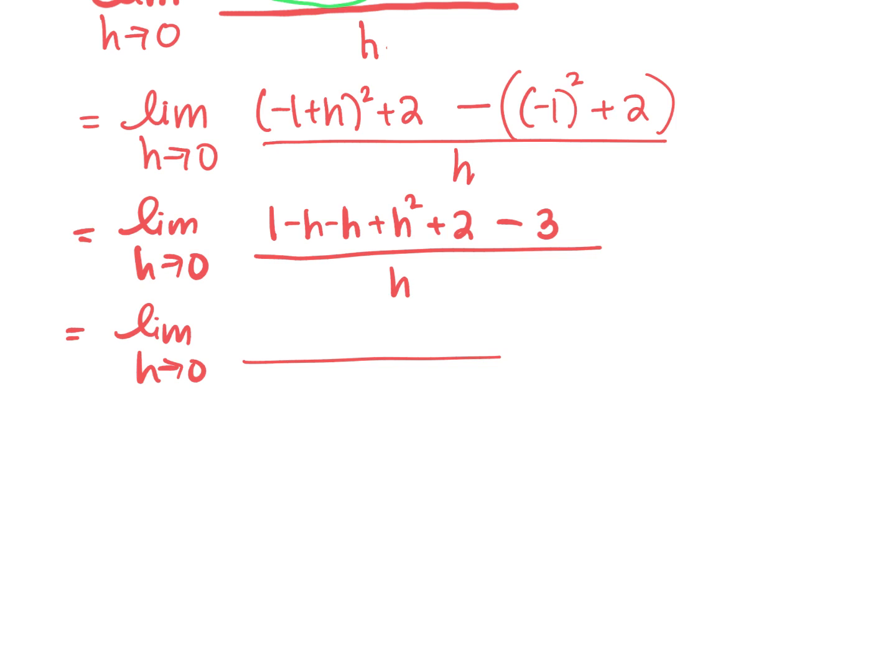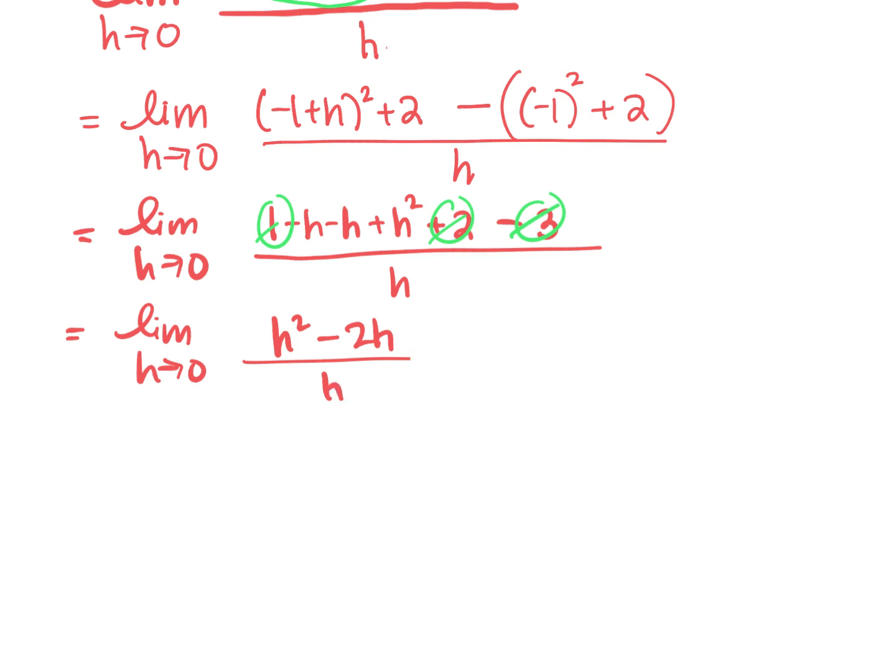What happens in that numerator? Can you clean it up for me? What should lead the numerator if I'm putting everything in the right order? H squared. What should come next? Minus 2h. What should come next? Then the constants: I've got 1 plus 2 minus 3. Okay, so those all are gone. So I really just have h squared minus 2h over h.